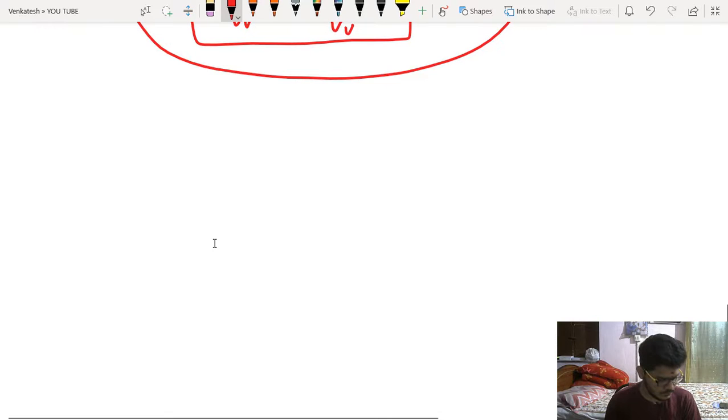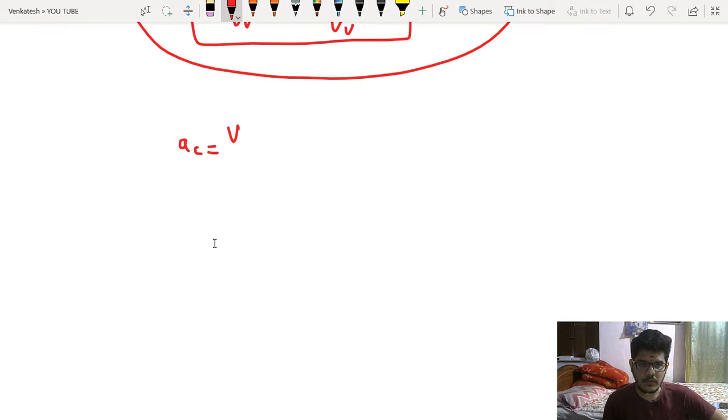And next one, AC is equal to VA by VV. So multiplying and dividing with volume, AC is equal to VA by V into V by VV.